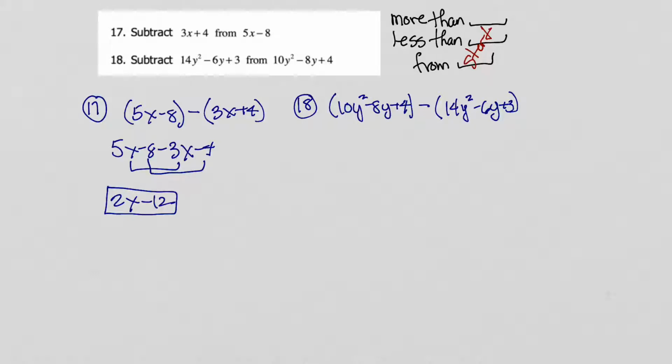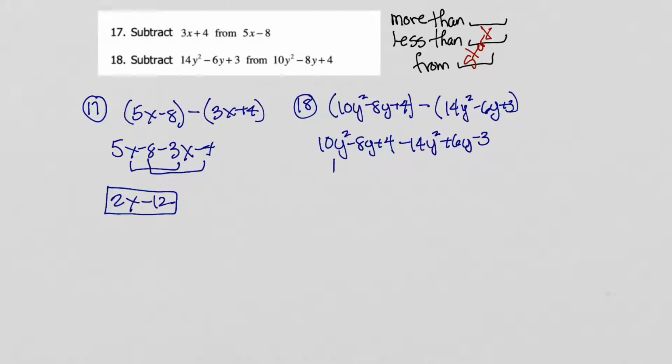So let's remove the parentheses. We'll get 10y squared minus 8y plus 4. And when we remove these, it's preceded by a minus sign, so drop the parentheses, change the sign of everything inside. We're really just multiplying through by negative 1. If you multiply by negative 1, it changes the sign. So minus 14y squared plus 6y minus 3. Let's count things up.